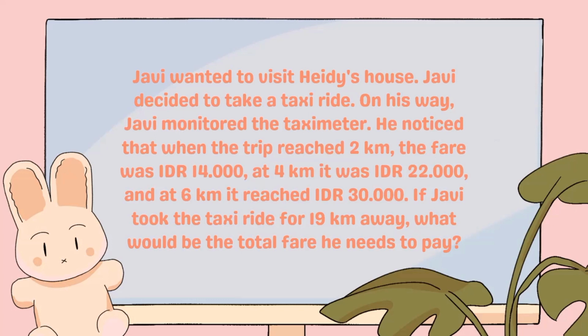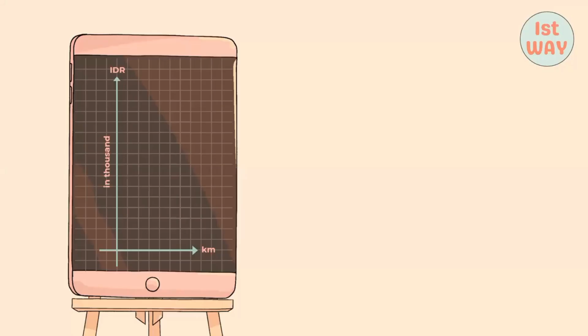There are many ways that we can take to solve Javi's problem. So let's take a look at the first way. To make it easier, the first step is to make a graph that shows the increase of the taxi fare that Javi should pay based on the distance that he took. We know that at 2 kilometers, the taxi fare is 14,000.